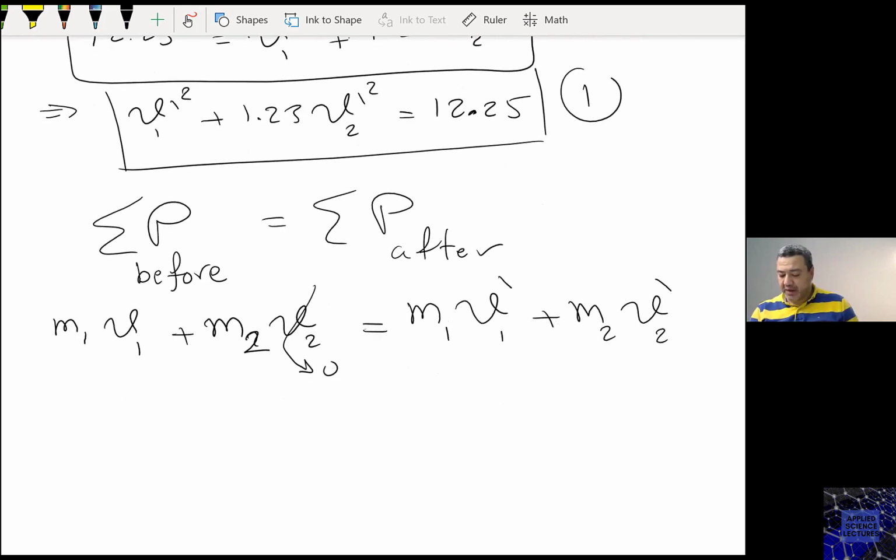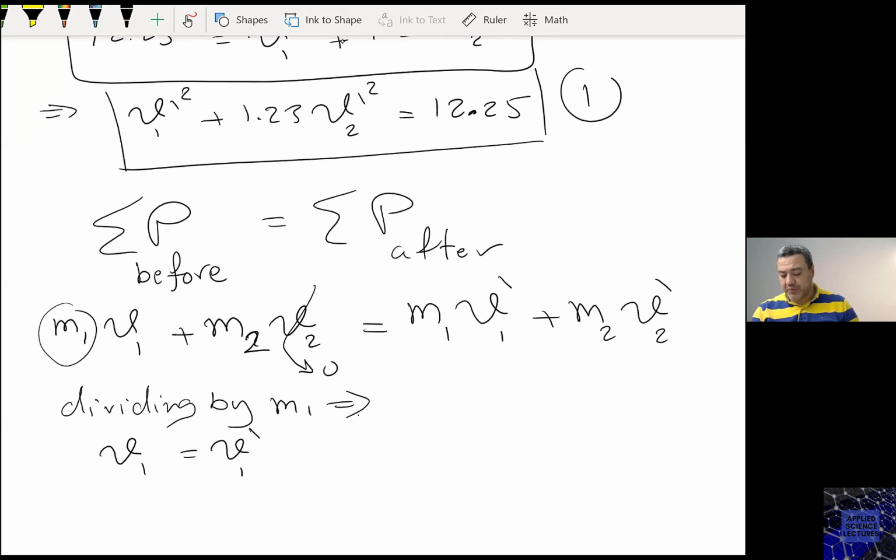Right? Now I can get rid of M1 to make my equation look simple, dividing by M1. Then I have V1 equals V1 prime plus M2 over M1 V2 prime.